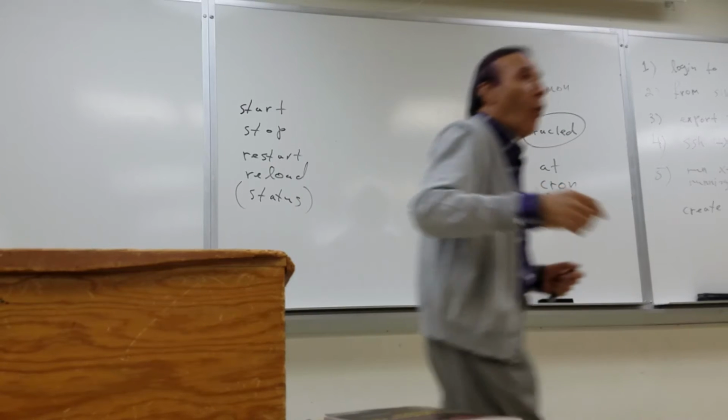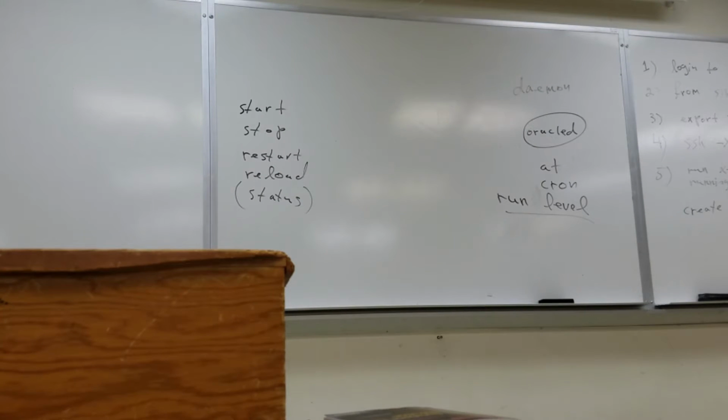Guys, whenever your operating system is running, it is running on a certain run level. Run level 0, run level 1, or run level 2, or 3, or 4, or 5, or 6, or 7. Following?